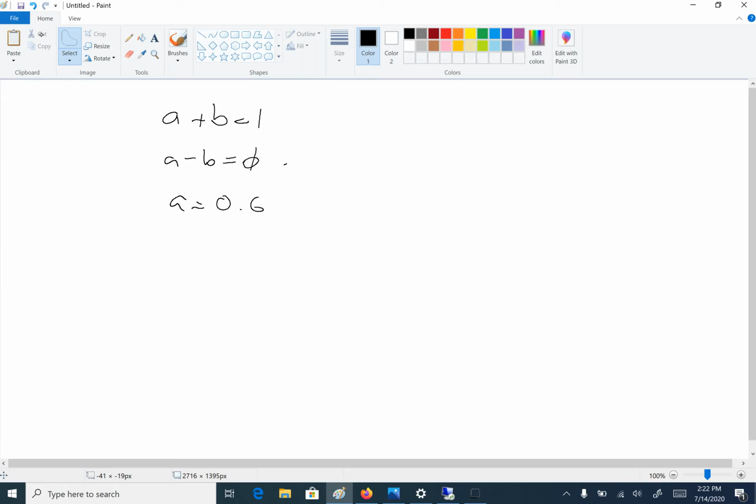Well, let's take a look at how an absolute value function looks. It looks something like this.